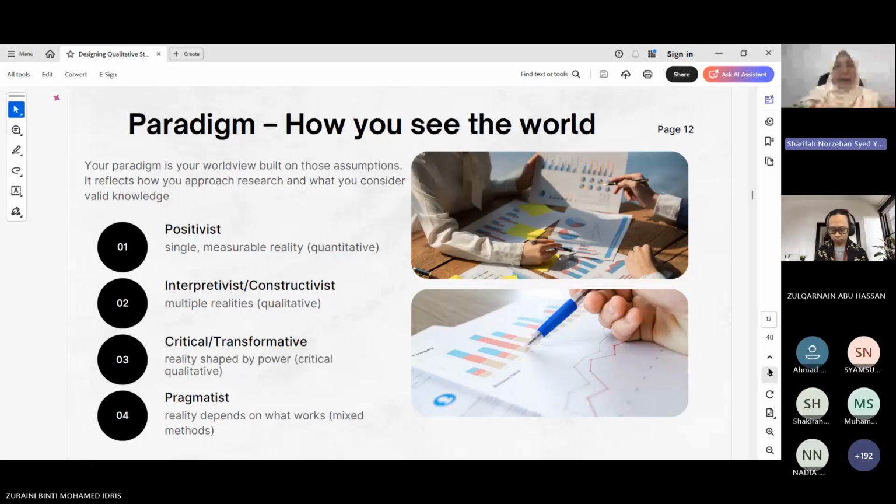So you already think in one particular direction, and you feel that that's correct and that's the only way to do it. You are no longer looking at many perceptions. Now it's only one. Once you start looking at it through the one particular lens of a positivist, your study becomes quantitative.